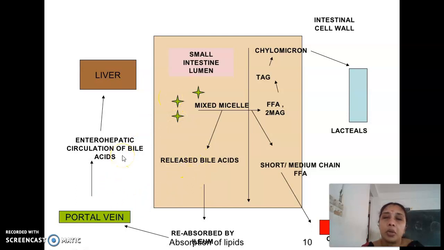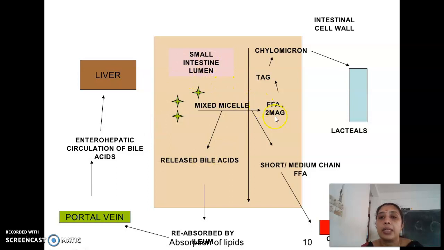Through the portal vein, in enterohepatic circulation, these bile acids enter back into the liver and are again stored in the gallbladder. At the next meal they enter back into the small intestine. Right? This circulation we call enterohepatic circulation: intestine, liver, gallbladder, again intestine, transporting bile acids and bile salts.